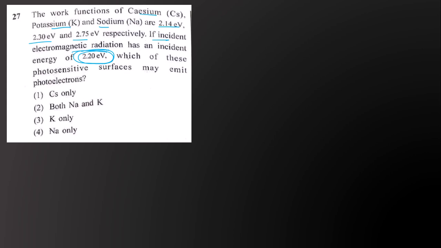Indeed it is true, because it is mentioned in the electron volt unit, and we are supposed to identify which metal surface will give photoelectrons. Okay, we know that for 1 electron, the energy of 1 photon should be more than the work function. So in this case, definitely, the incident energy is more for cesium, so only cesium will give the photoelectrons, not others. Let's move on.